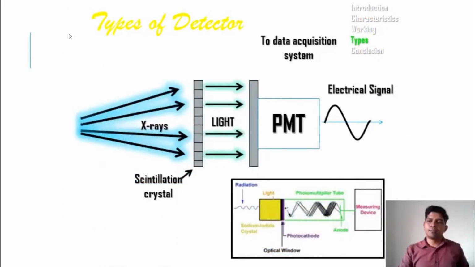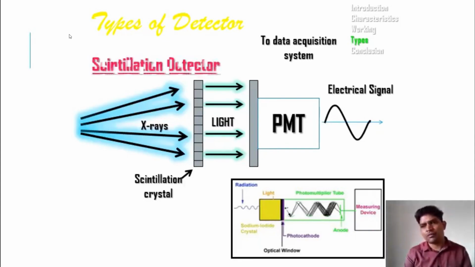So what are the different types? Now a lot of advancement is there, but the basic types, scintillation type or gas ionization, remain the same. That will never change, because those are the basic steps required. You can see in the image the scintillation detector.